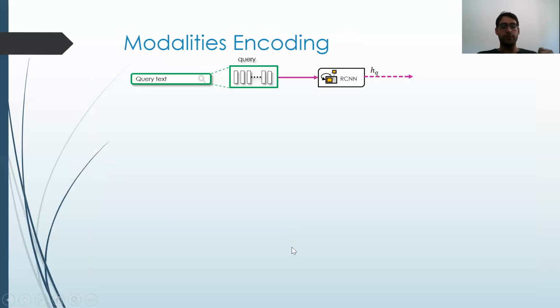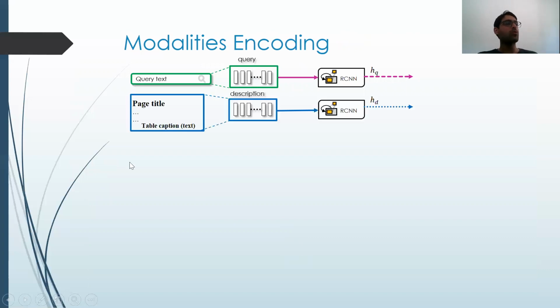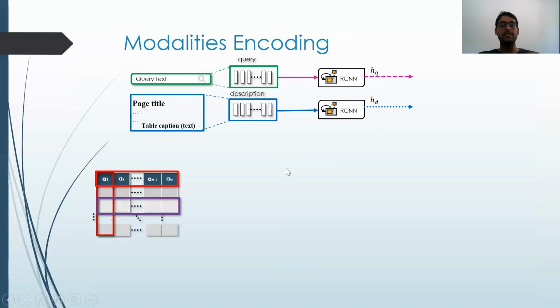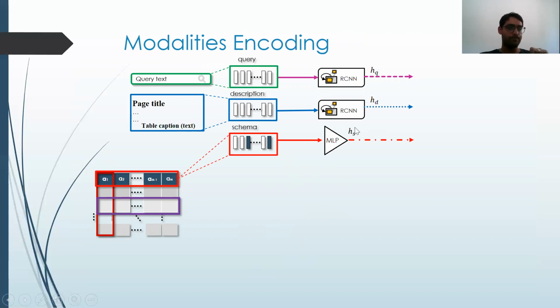In the encoding phase, we utilize the unique characteristic of each of the modalities. When we look at the query and the description, we use RCNN, which is designed to handle natural language text. However, for the schema, which is not represented in natural language, we use a multi-layer perceptron.